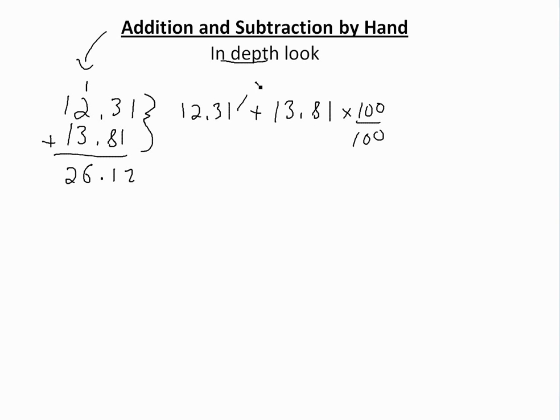We'll write 1 over 100 times 1231 plus 1381.